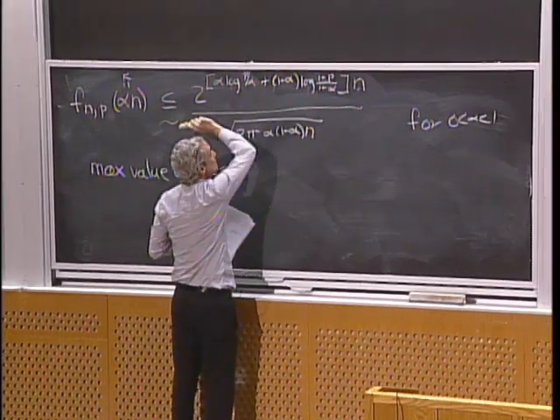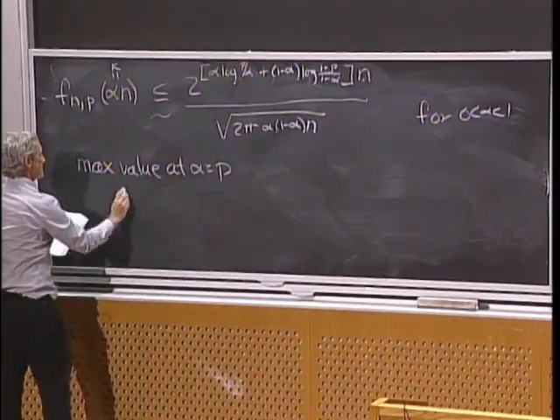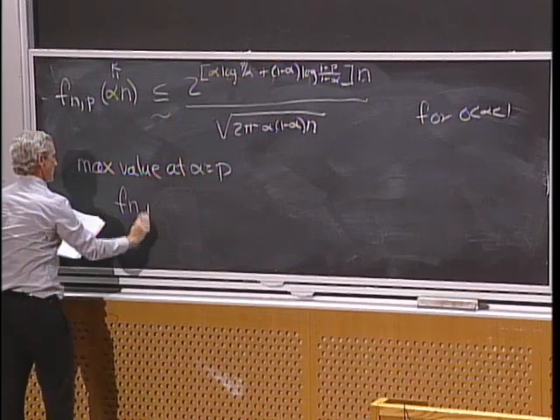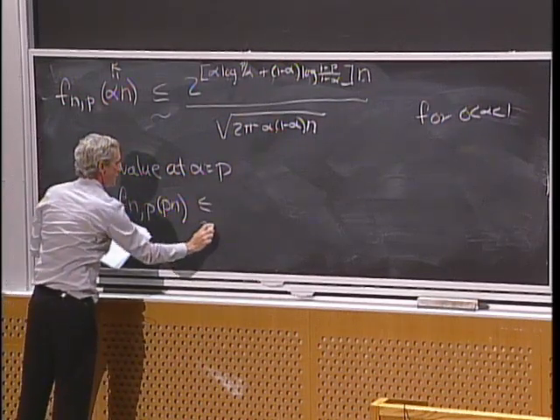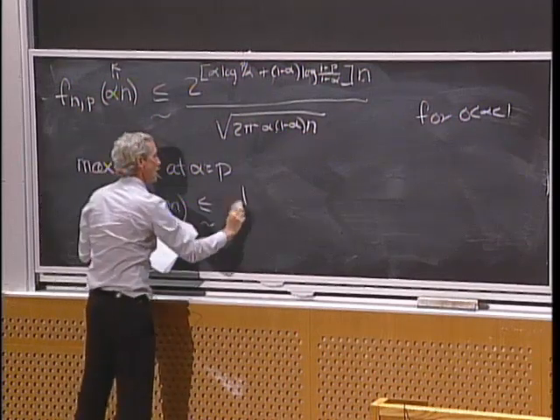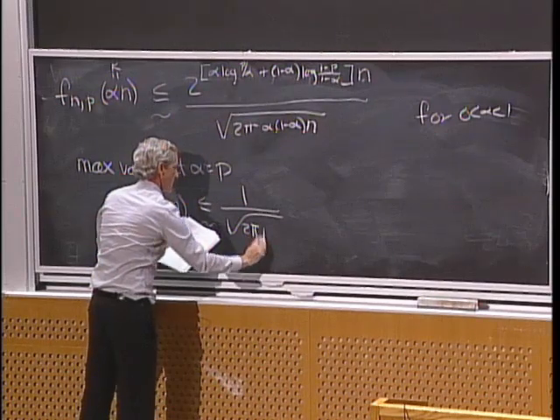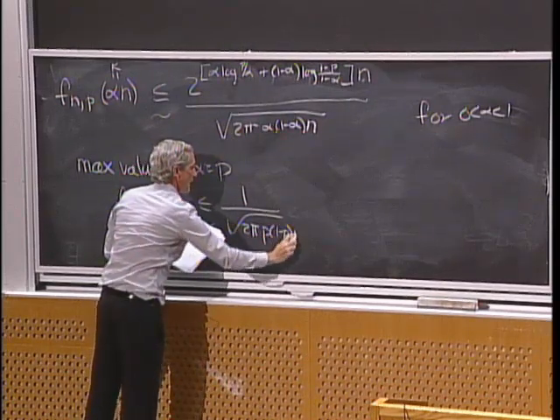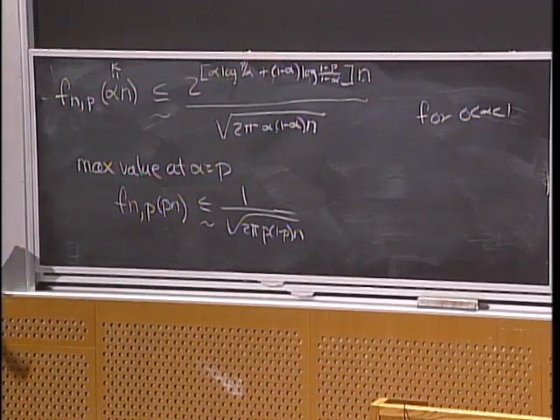All this messy stuff goes away, and we just get that. And so in that case, f_{n,p}(pn) is at most, and also asymptotically equal to, 1 over square root 2 pi p (1 minus p) n. All right, and now you can plug in values and compute things.